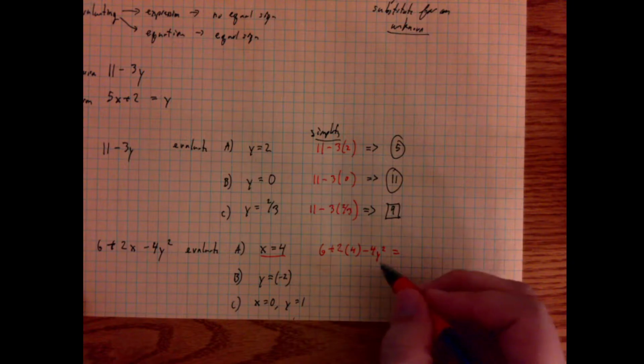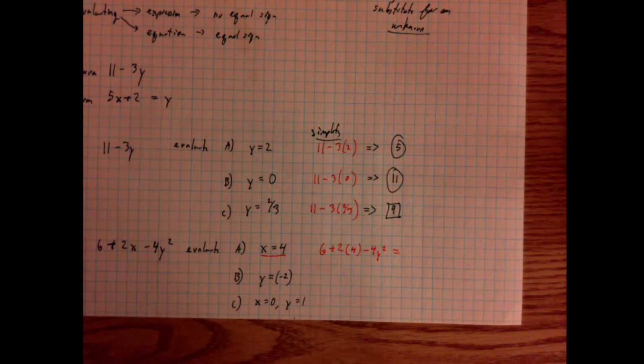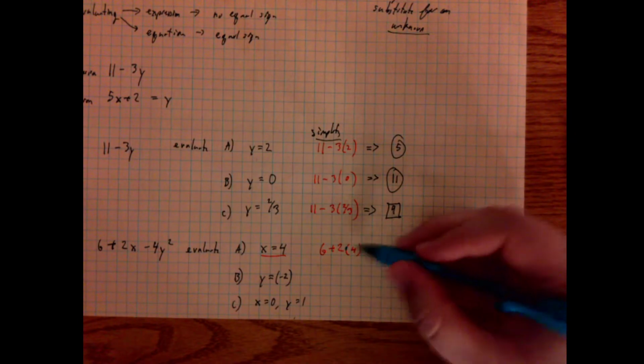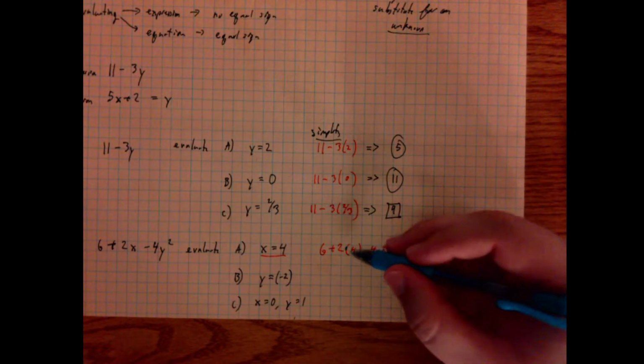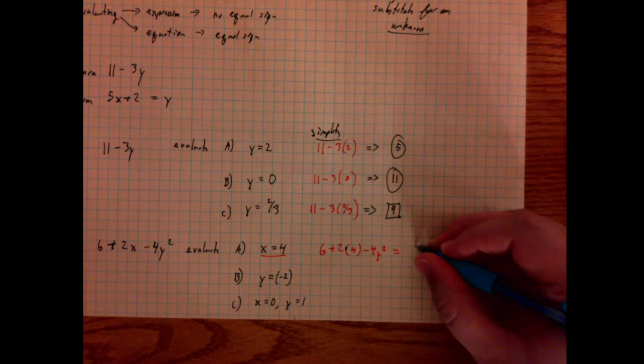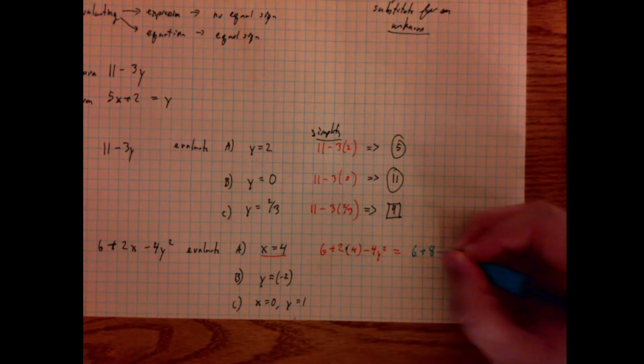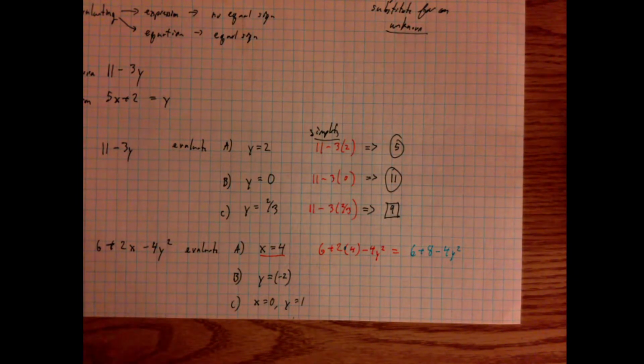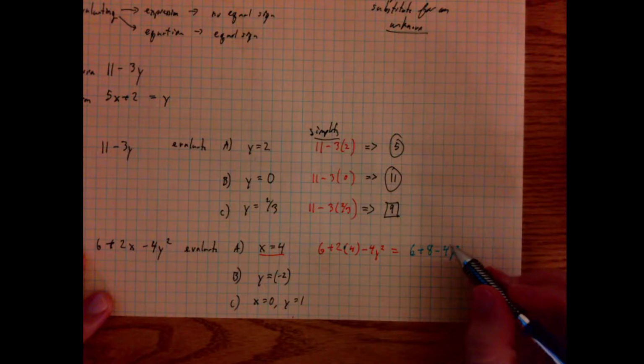So, what can be simplified? Well, first thing, multiplication. The parenthesis has nothing inside of it to do, so I can ignore it. I can take this 2 times 4 as my next operation, giving me 6 plus 8 minus 4y squared. Now, what else can be done? I cannot combine the 4 and the 8 because it's not a 4, it's a 4y squared.